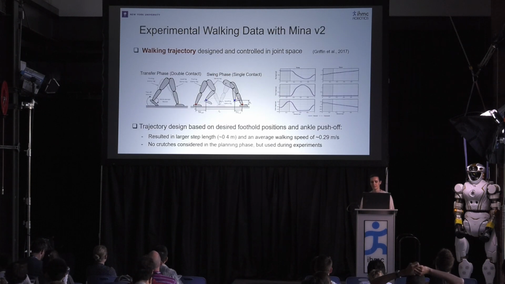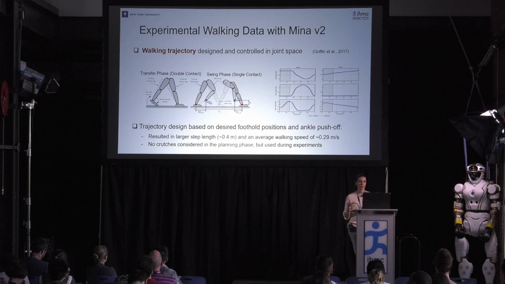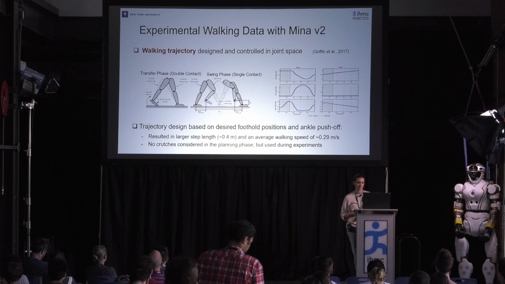Now, as a demonstrative example, we look at some walking trajectories that have been planned and recorded during walking with Mina V2. The trajectories are for one full step cycle, so they contain a transfer phase, which is a double contact, and a swing phase, which is instead a single contact.